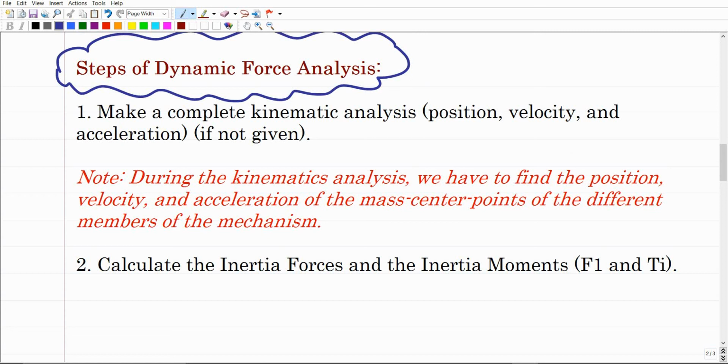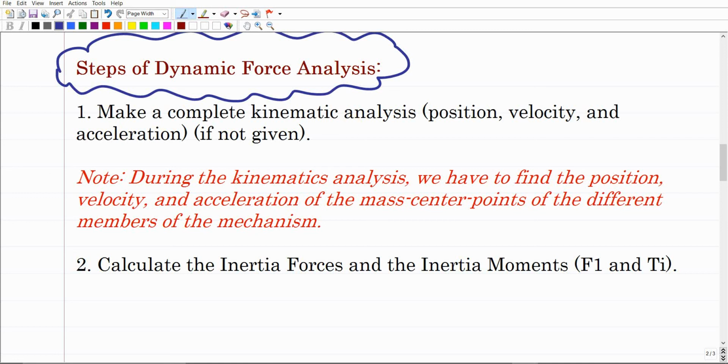It means that if you're already given a mechanism, we have to first do a complete kinematic analysis of the mechanism by finding all the positions, the velocities and accelerations of the mechanism entirely. Once we finish that, we can move to the force analysis or the dynamic force analysis part.